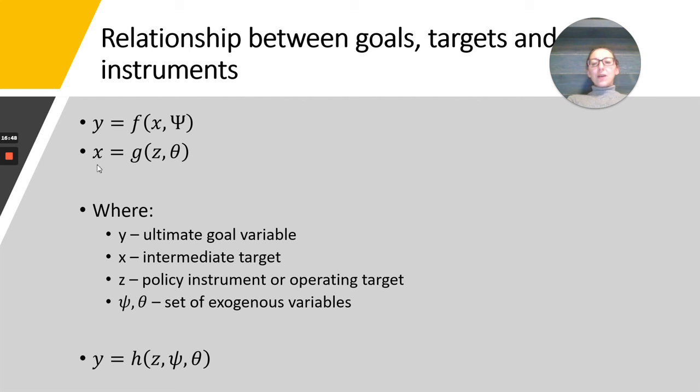While the interest rate, our intermediate target, depends on instruments of monetary policy, and again some exogenous variables. What does it mean? Of course, we can write one single function, but it also means that what we actually have is several layers of relationships, which makes it not easy to estimate and not easy to model everything.